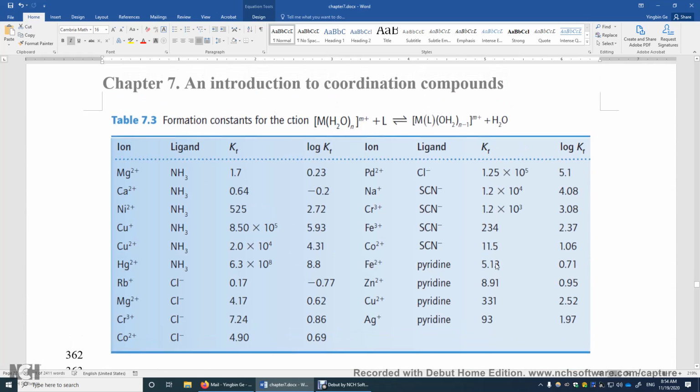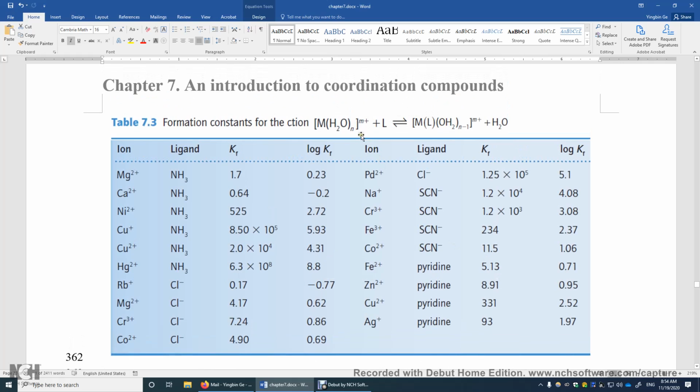Those are formation constants for this reaction for different metals and different ligands. Again, we're assuming the solvent is water. So really, we are replacing one water with the new ligand. So over here for magnesium 2+, we're using ammonia to replace one water. We're replacing one water with new ammonia.